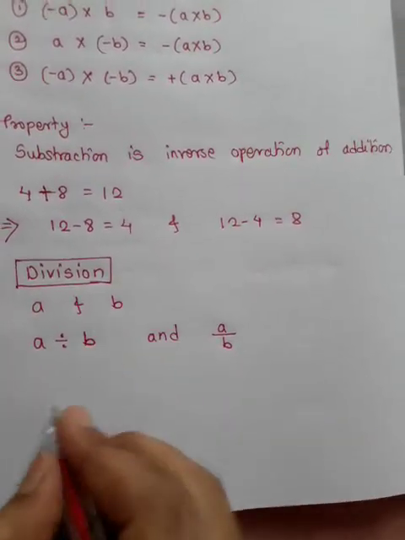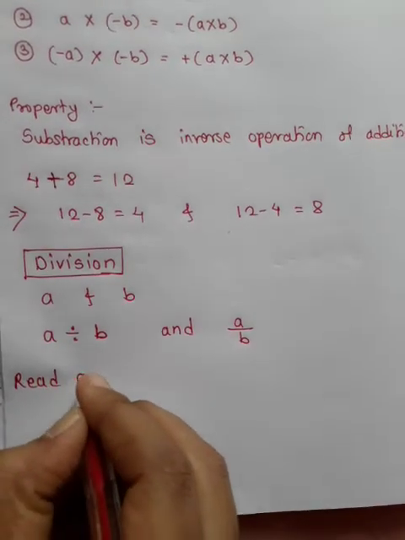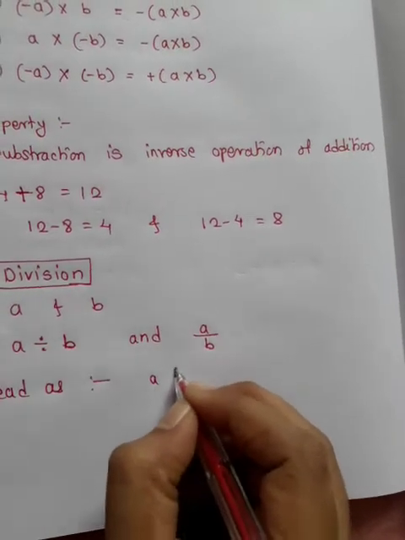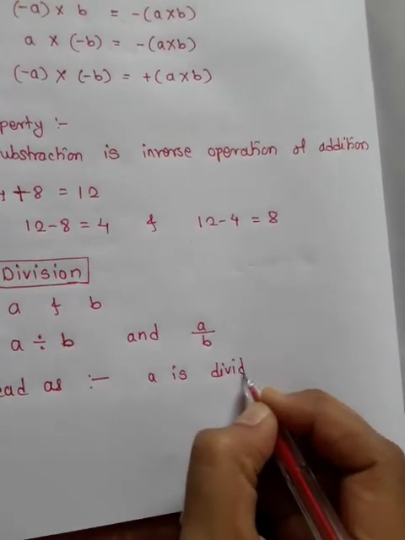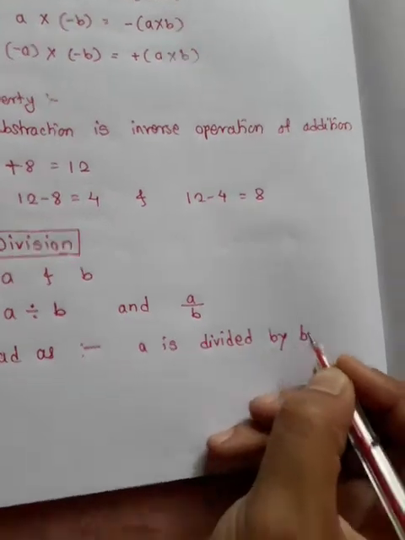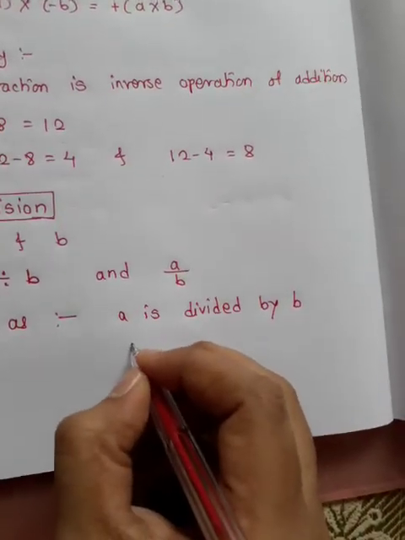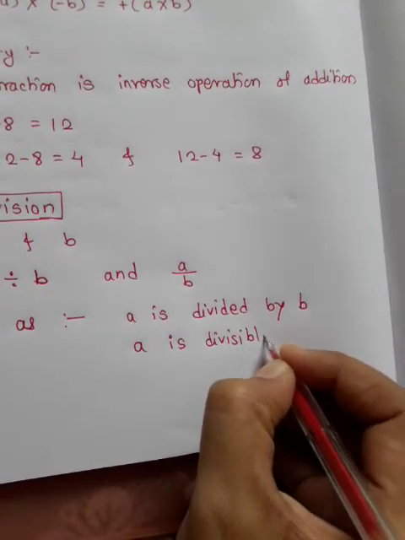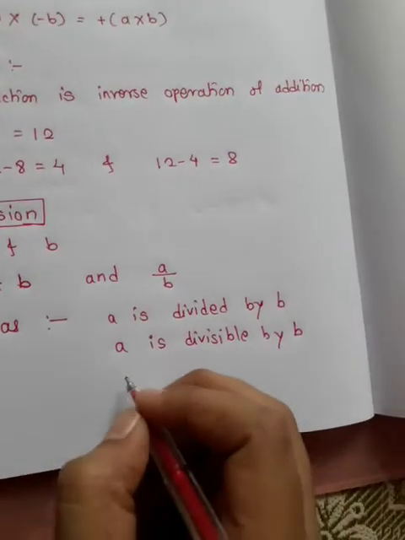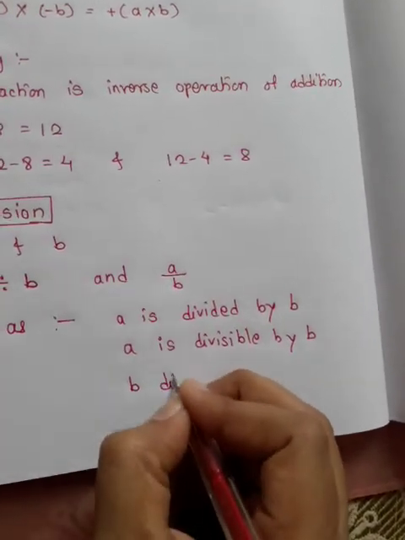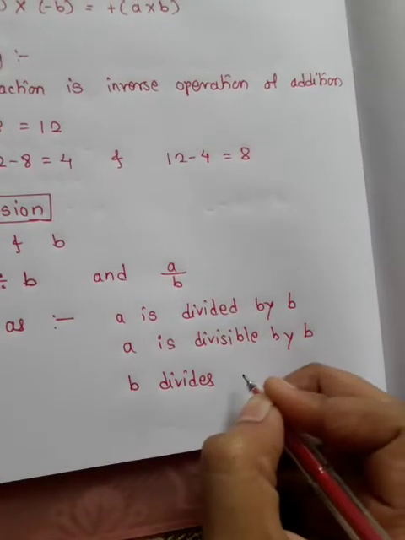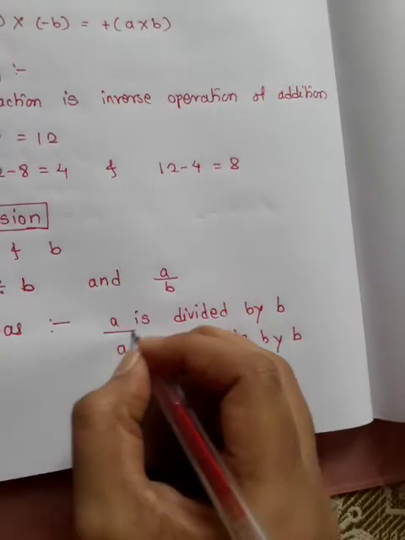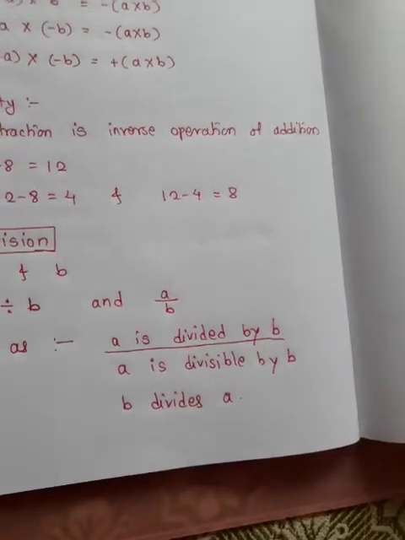We read it as a is divided by b, or a is divisible by b, or b divides a. These are three ways to read it, but we use only this way, a is divided by b.